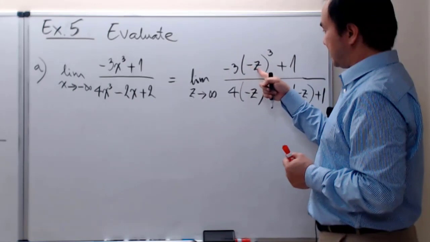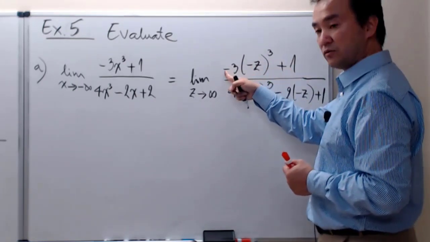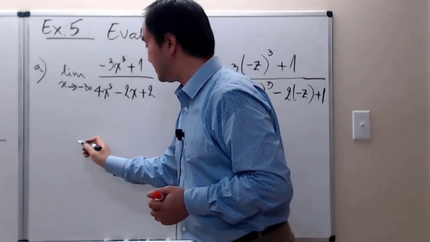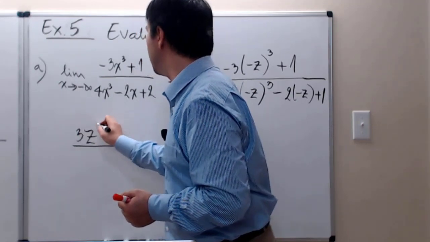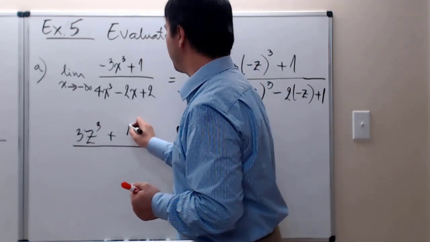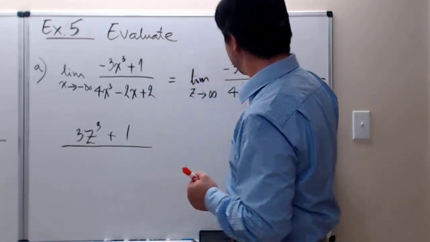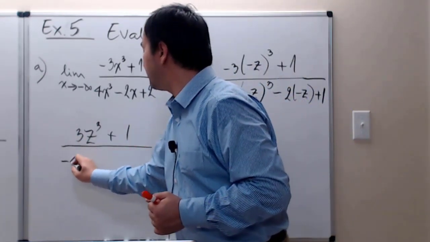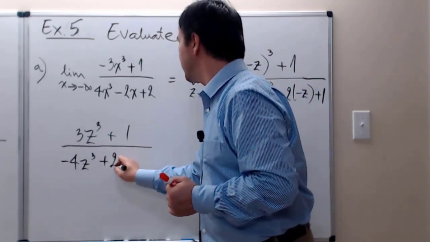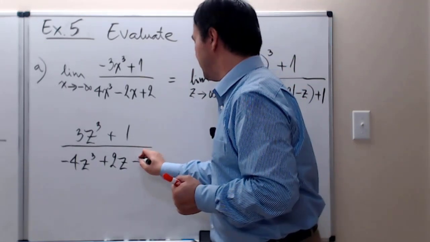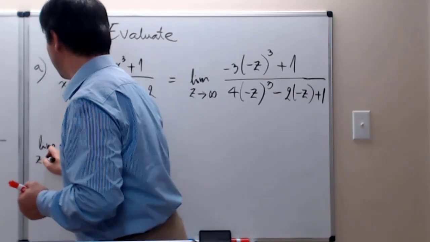So this is how it works. Minus z in parentheses, cubed, together with that negative sign, algebra tells you it's going to be a positive 3z cubed plus 1 in the numerator. In the denominator, we're looking at negative 4z cubed plus 2z plus 1, with z as our new variable.